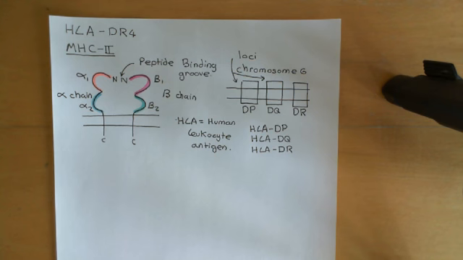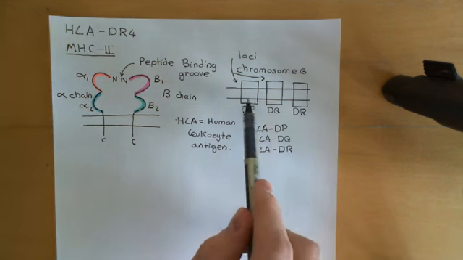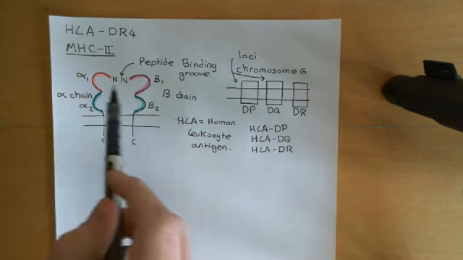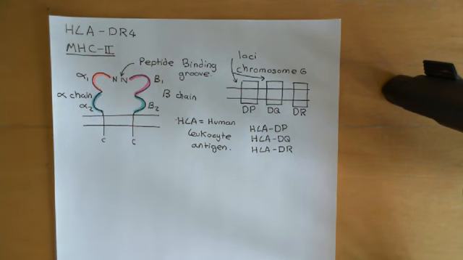Okay, and the other complicated thing is that each of these loci doesn't just contain one gene for an alpha chain and one gene for a beta chain. It's more complicated than that, basically. They contain multiple genes, more than 2 genes. Generally, usually it's only for one alpha chain, and then they've got multiple genes for beta chains. Okay?